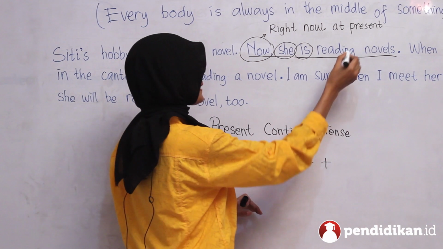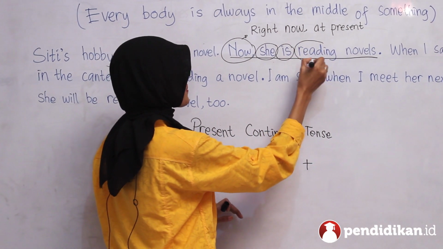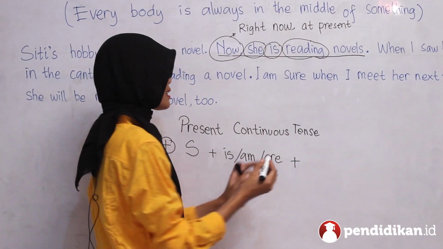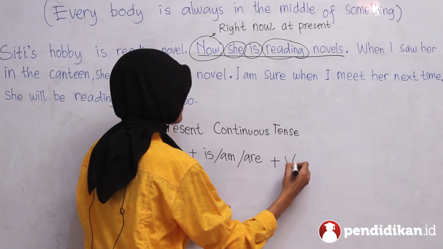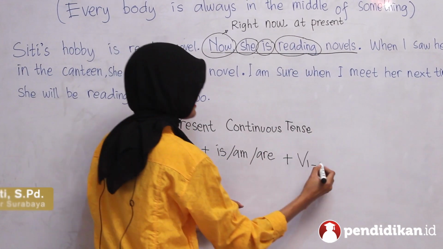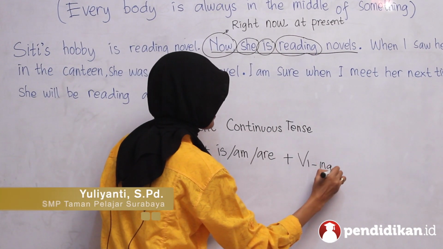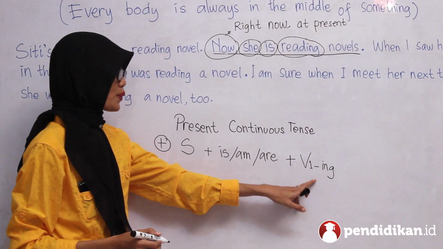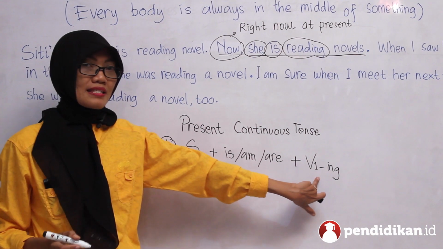Next, plus, let's see this one. Read is verb 1, we add ing. Verb 1 ing or present participle.